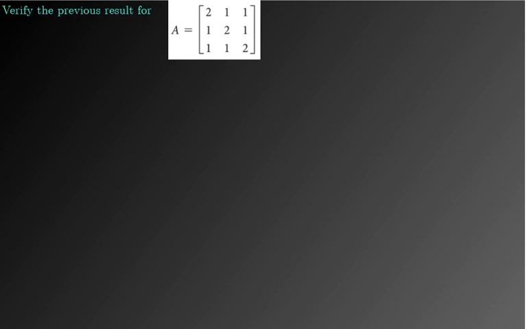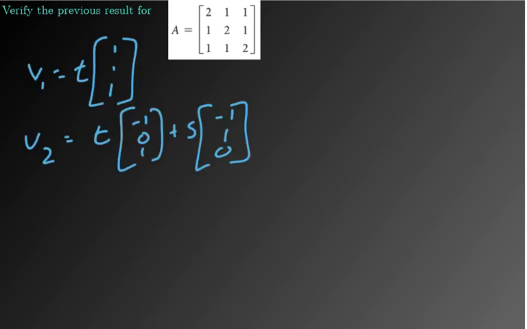If I use eigenvec, we get these for our eigenvectors. One eigenvalue has geometric multiplicity 1, and the other one has geometric multiplicity 2. And we just want to see that this vector is perpendicular to these two.